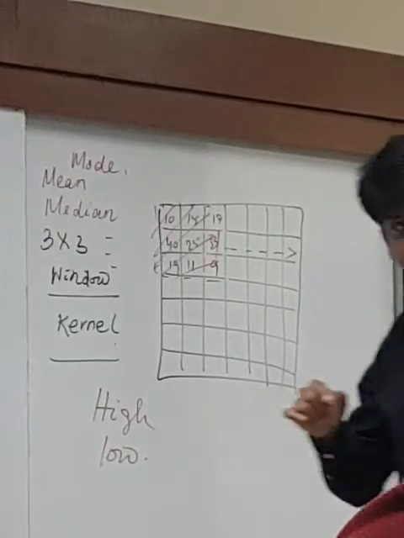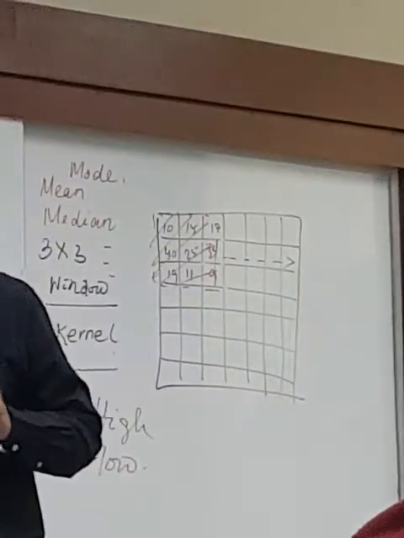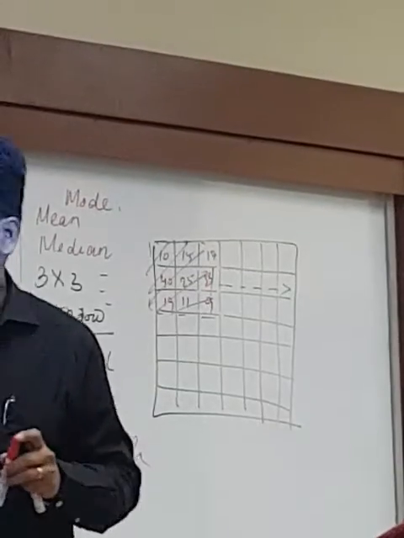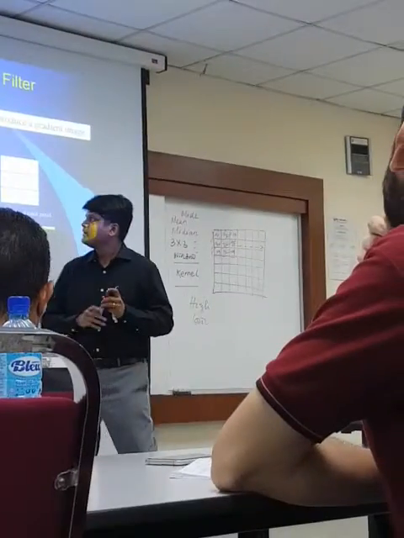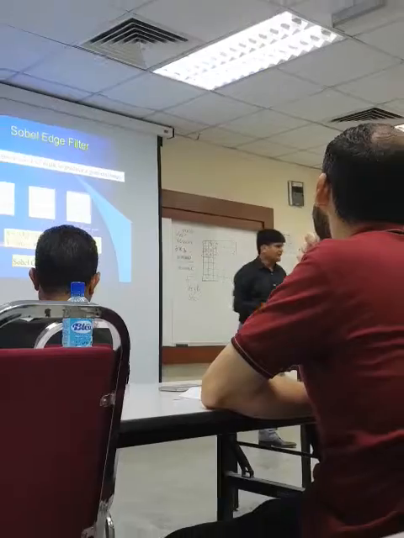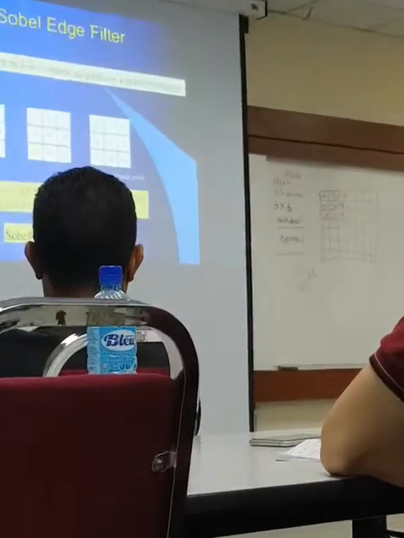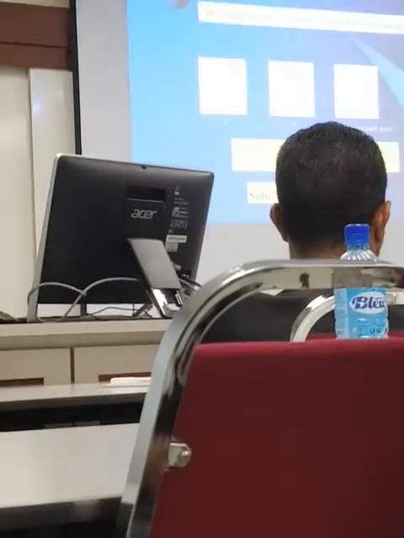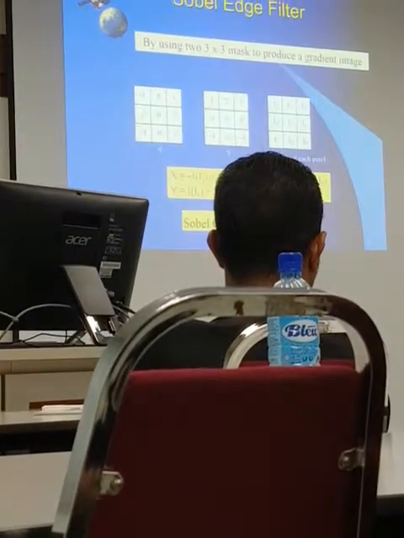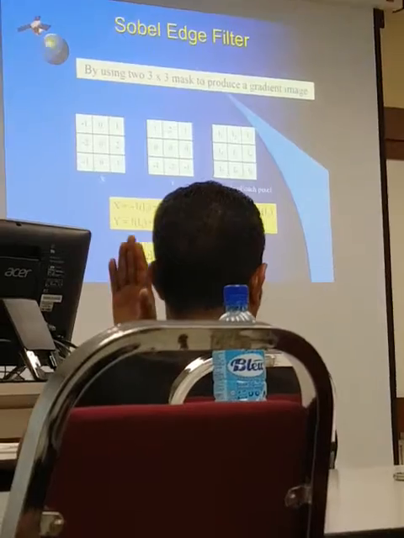This is for gradient, let's say the edge filter. What it does, see here, you have the first one. Look at the equations: -1, 0, 1, -2, 0, 2, -1, 0, 1. You have x, then you have y, and so on. So how does it calculate?